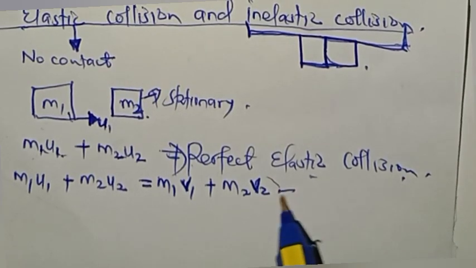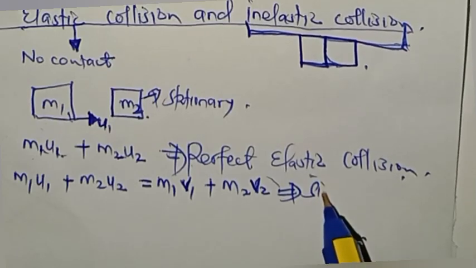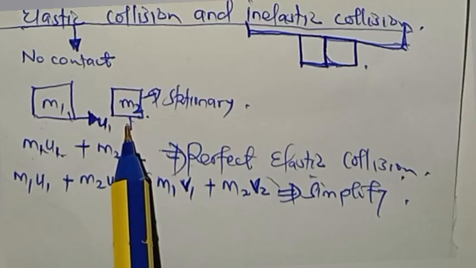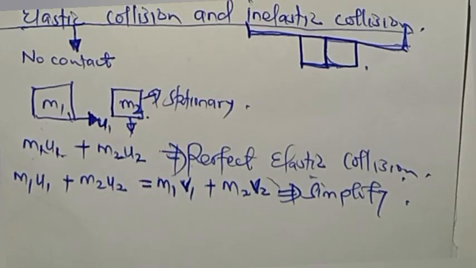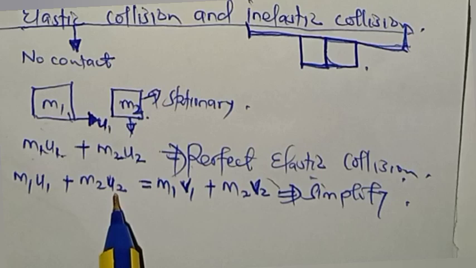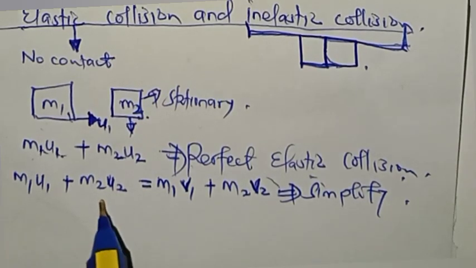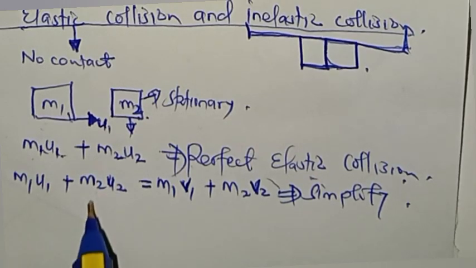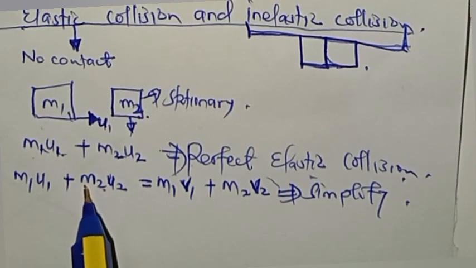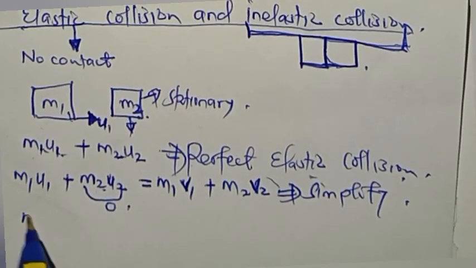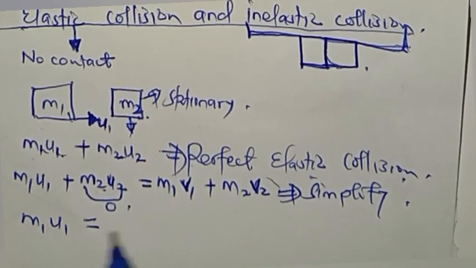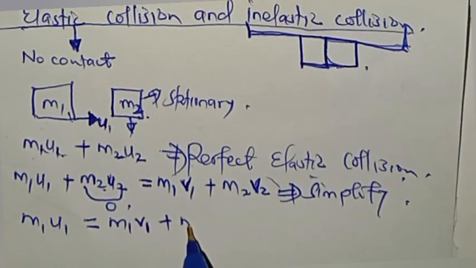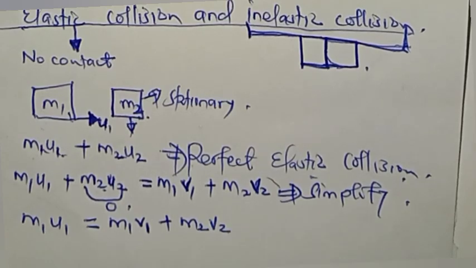But to simplify this, we know this body M2 was initially at rest, meaning it had a velocity of 0. It was not moving. So this implies that M2 U2 will be 0. So M1 U1 equals M1 V1 plus M2 V2.